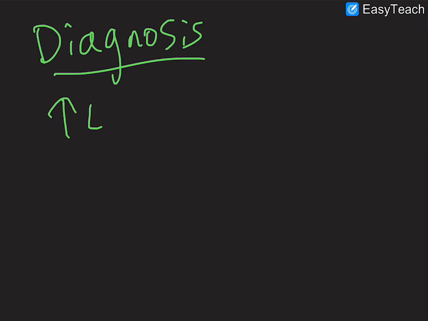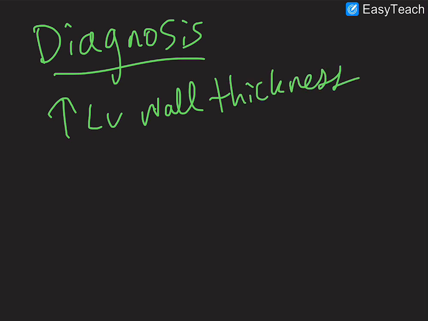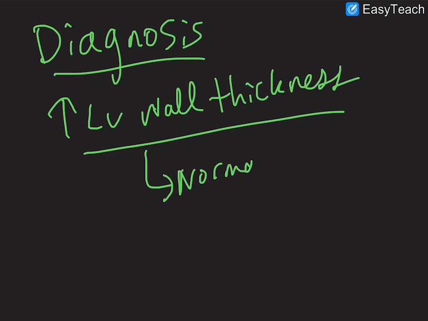Again, this is often asymptomatic, but if it progresses to mild restrictive cardiomyopathy, you may see increased left ventricular wall thickness with a normal ejection fraction. That's important because restrictive cardiomyopathy is heart failure with preserved ejection fraction.